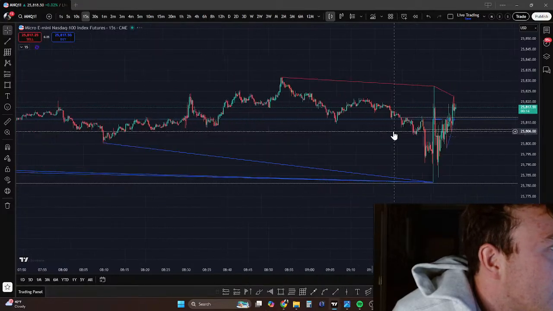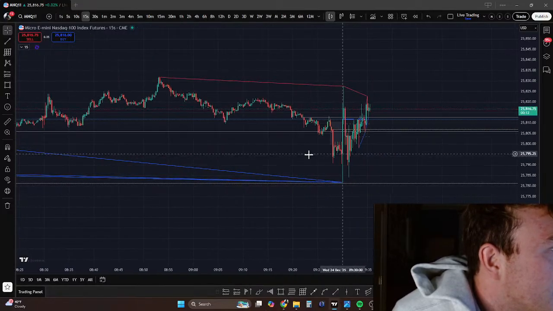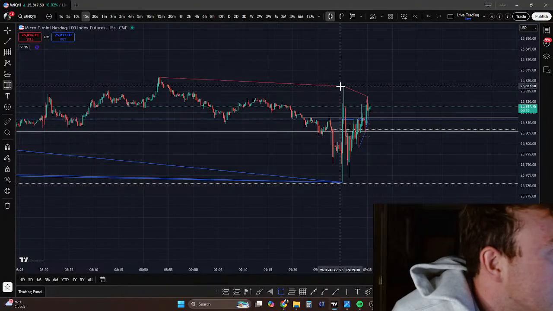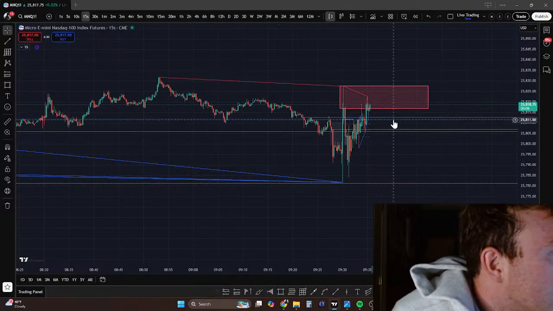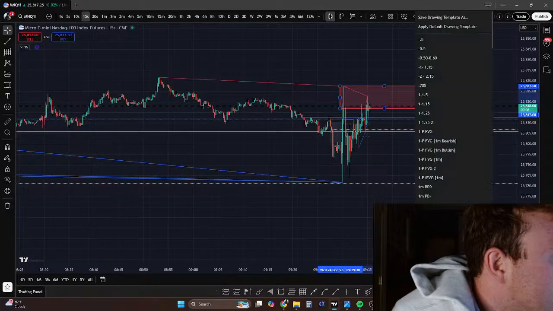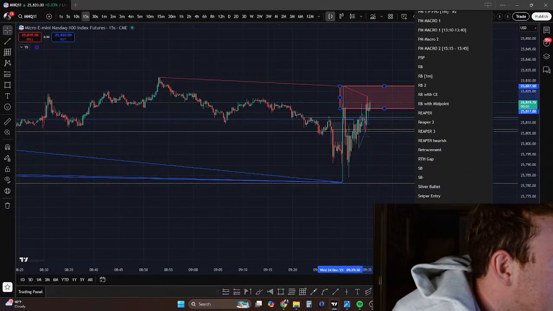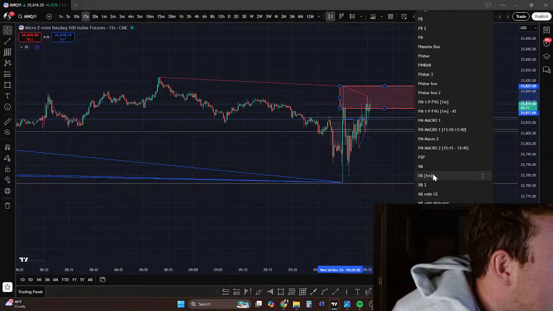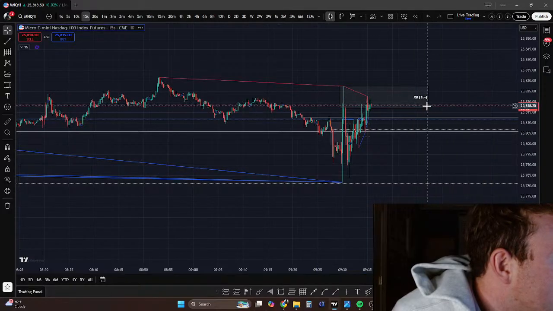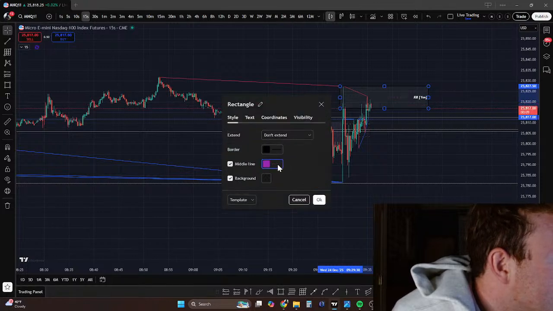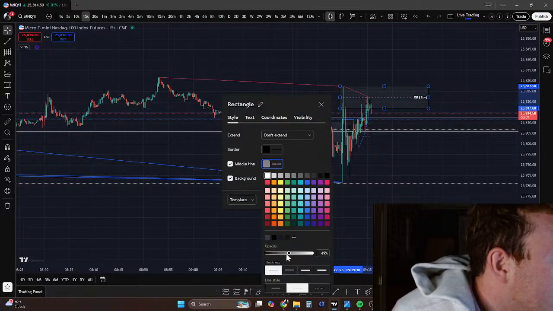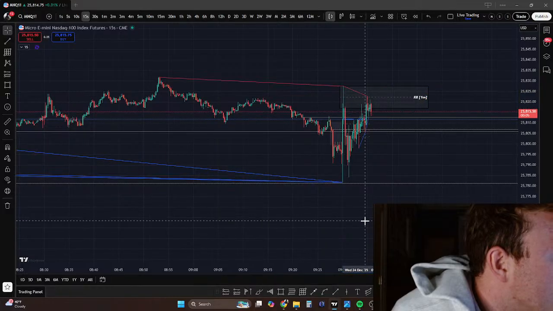I guess we kind of have a rejection block here now. This could actually be nice. You know what? I don't mind that. We could take this rejection block. Well, it looks like we tapped consequent encroachment. Oh yeah, wait.